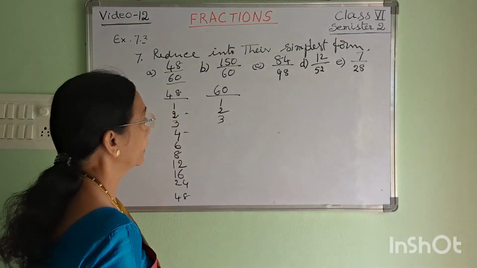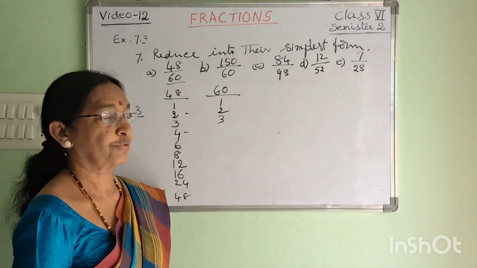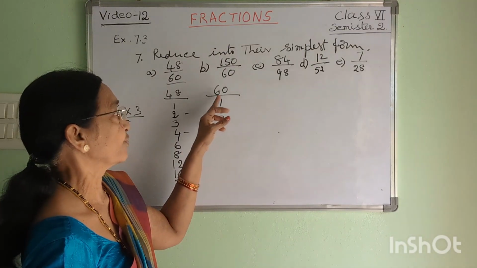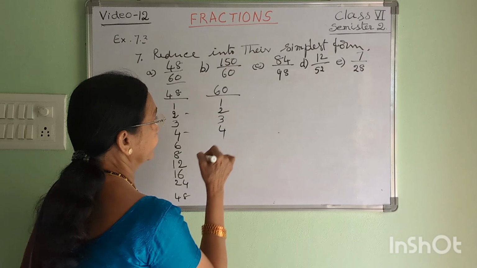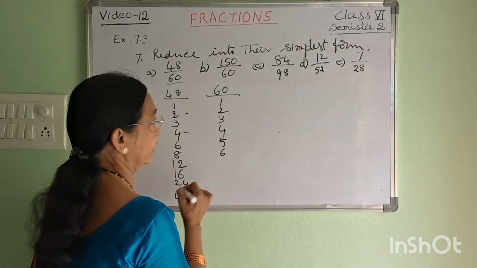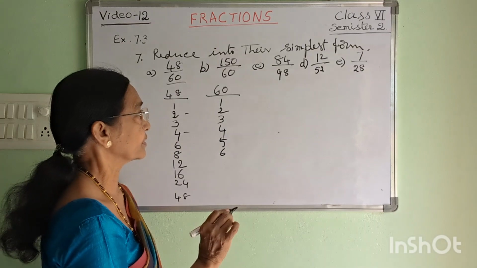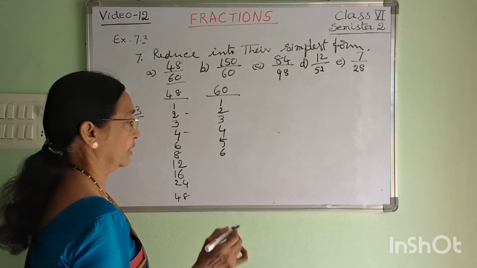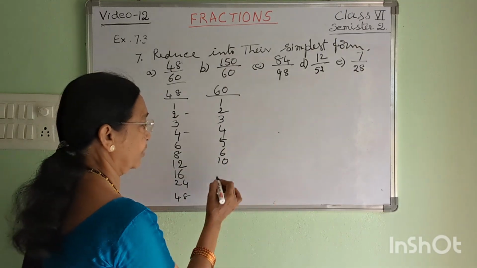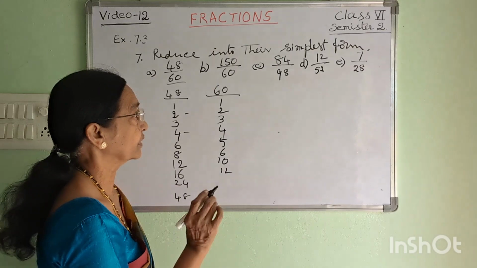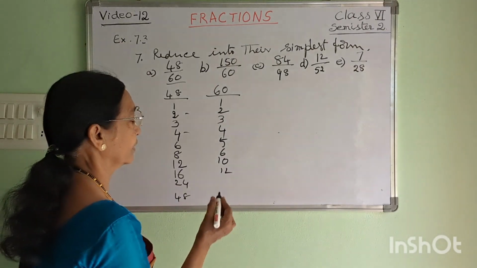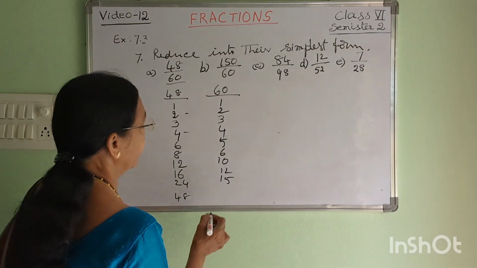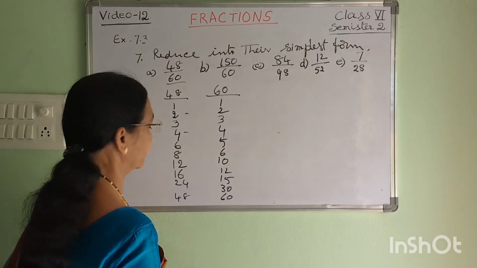And 4 is also a factor because 4 fives are 20. 4 is a factor, 5 is a factor, 6 is a factor, 7 is not a factor, 8 is not a factor, 9 is not a factor, 10 is a factor, 12 is a factor, 13 no, 14 no, 15 is a factor, 15 fours are 60. 30 is a factor, 60 is a factor.